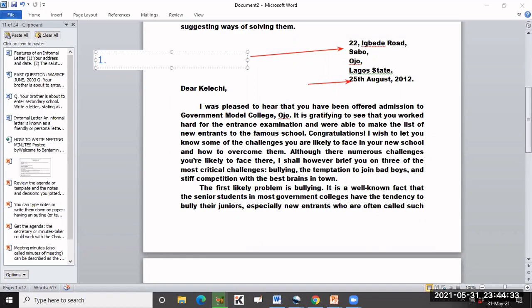Number one is the subject matter, that is what the letter is about. Number two should be your thesis.